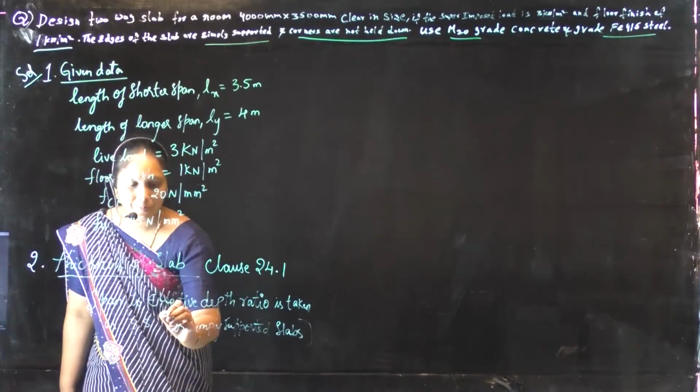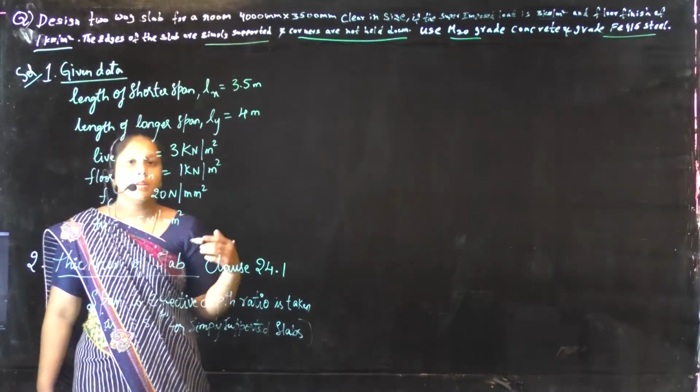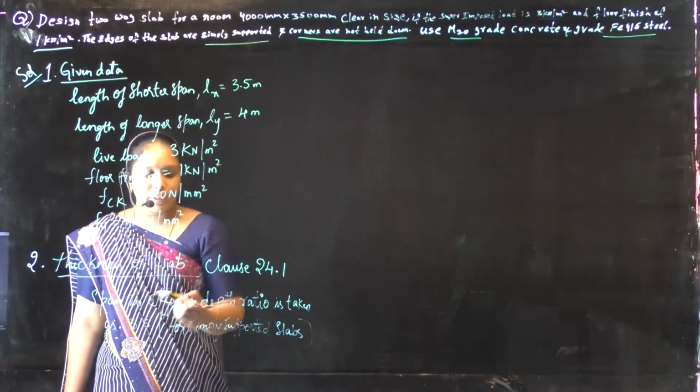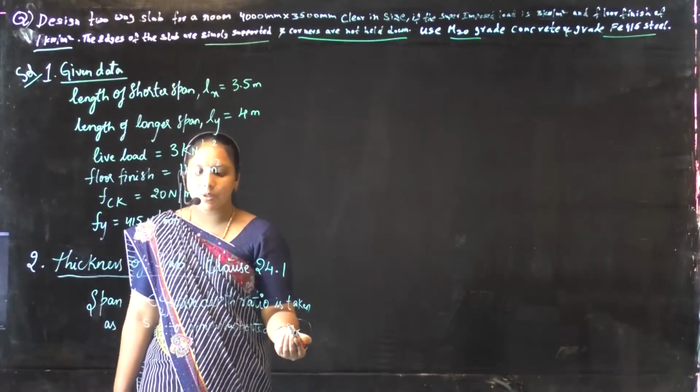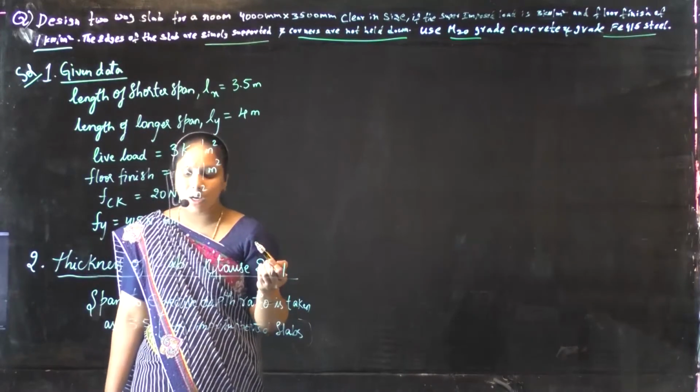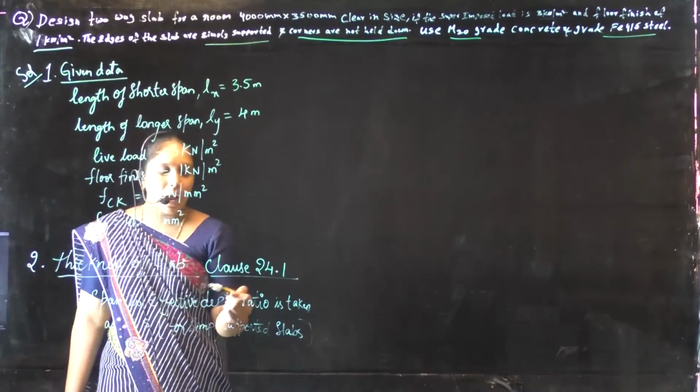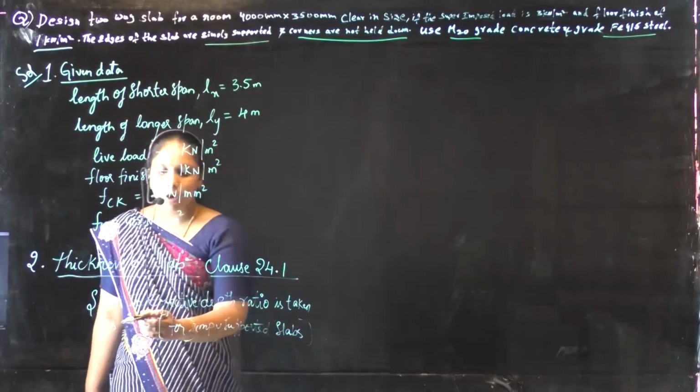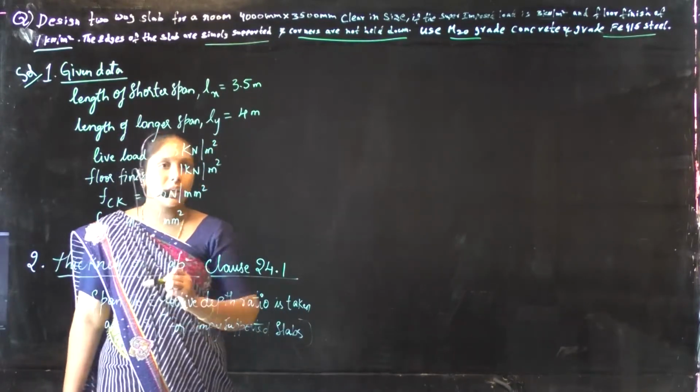So for simply supported slabs, as per clause 24.1, the span to effective depth ratio is taken as how much? It is taken as 35.